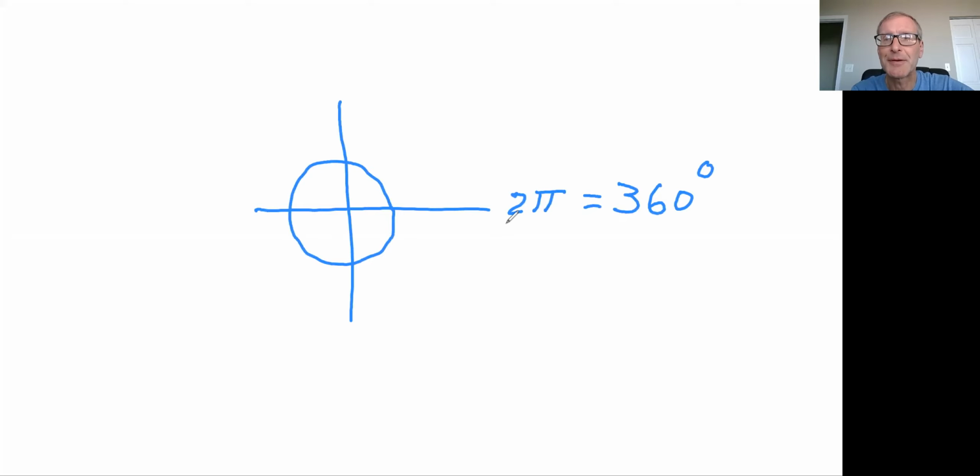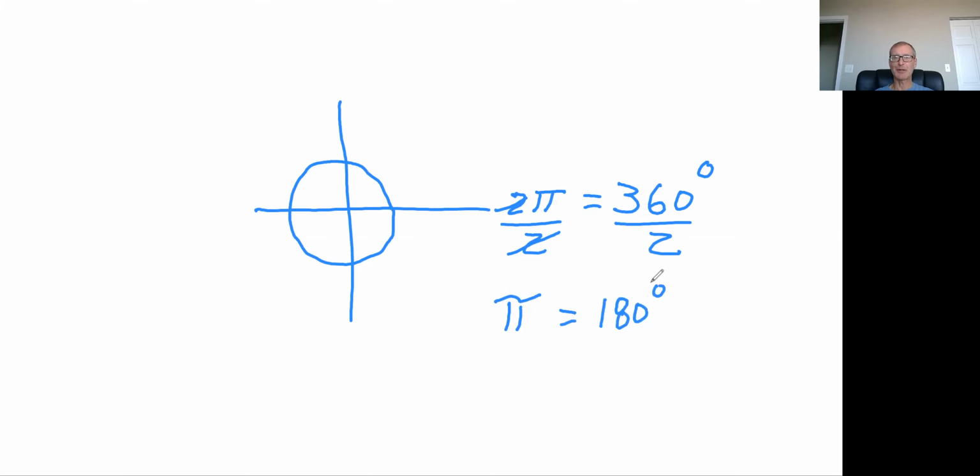So you can see that if I divide each side by 2 here, these will cancel. And you'll see that we get pi equals 180 degrees. And that is the relationship that I use and is defined in here by the book when you talk about converting radians to degrees or vice versa.